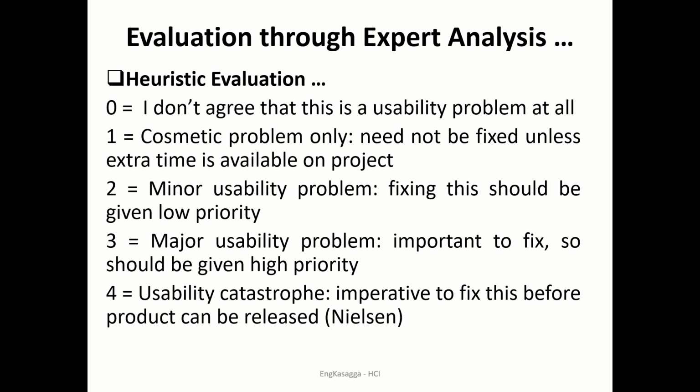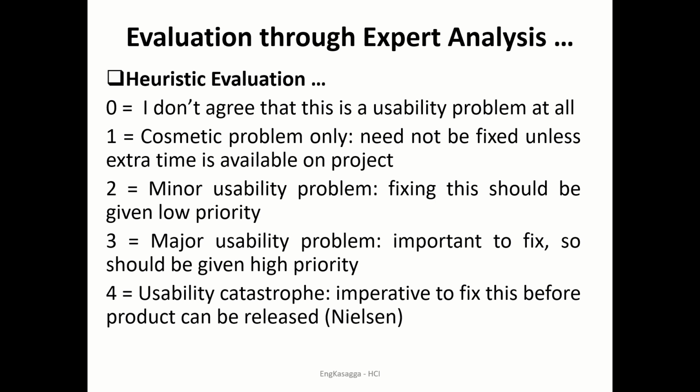After identifying the problems, the evaluator rates their severities on a scale from 0 to 4. I will give an example: not a problem, minor issues, major issues, usability problem that can be fixed.